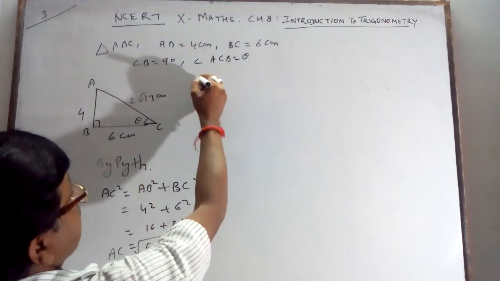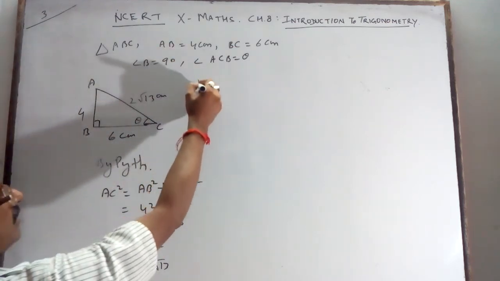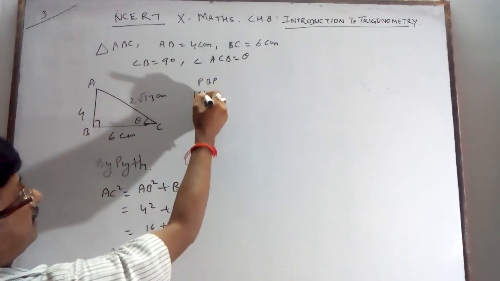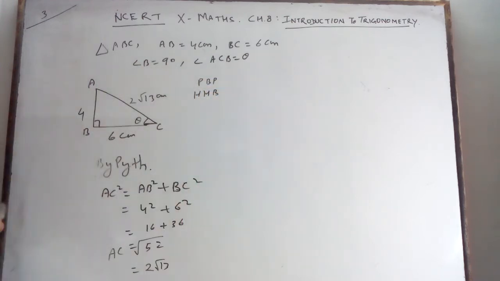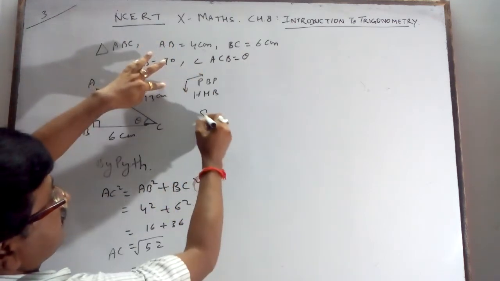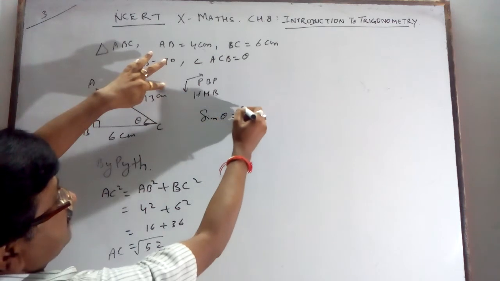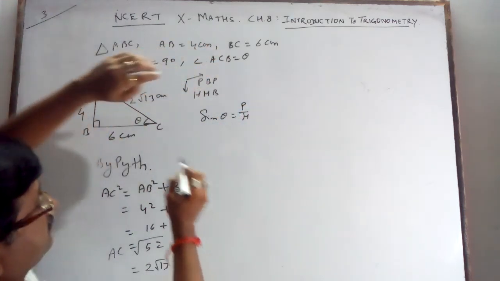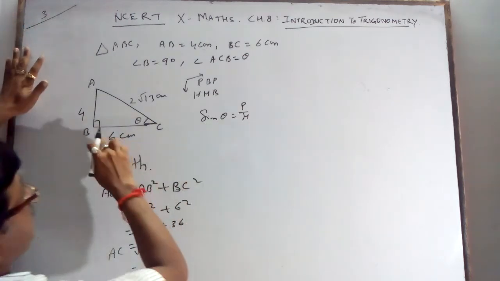Now what is the tan theta? Pandit Badri Prasad Har Har Bole. According to this, I have told you sin theta is P upon H. Sin cos tan, P upon H. What is the P?